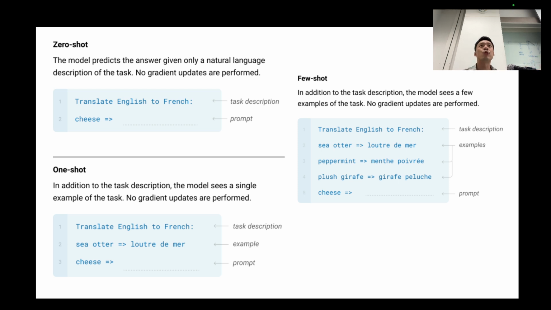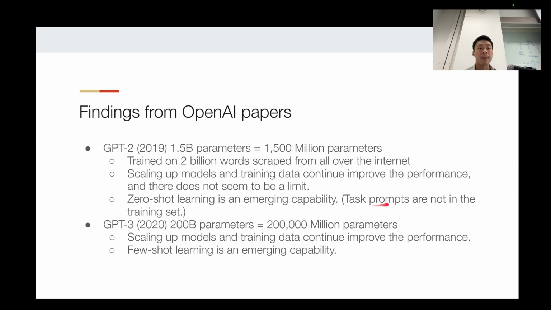But now it can do a new task that is unseen, and it can learn from the training data without changing anything. So this is really a revolutionary moment for NLP. And that's what we learned from GPT-2 and GPT-3. So we found that it has this few shot learning as an emerging capability. Emerging as in we didn't think it would happen, but it just emerges. Okay.